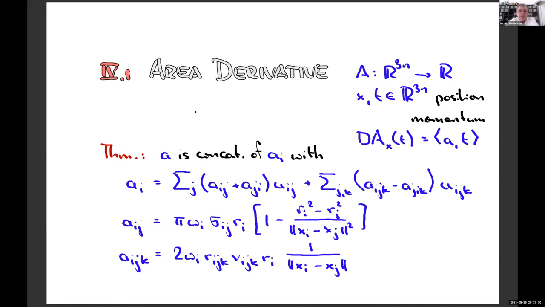And this is the formula. Namely, this a, a 3n dimensional vector, is a concatenation of a sub i's. Each a sub i is obtained for the ith sphere or ith atom. That's this formula. Let's see what shows up here. There's a u_ij, that's the unit vector from the center of the ith to the center of the jth sphere. I think I have it the other way around. I go from the jth sphere to the ith sphere, unit vector.